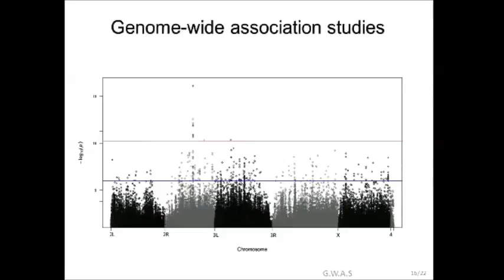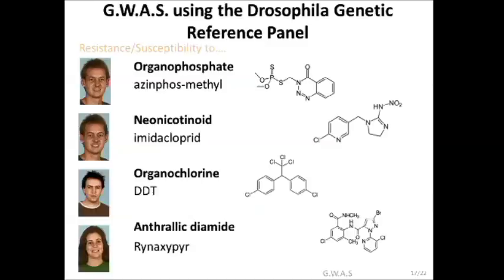And typically, an output of a genome-wide association study will have across the x-axis our genome, and then on the y-axis is some measure of correlation with the phenotype. You can see here there's a peak, so there's a gene here that's probably associated with this trait that has been analysed.